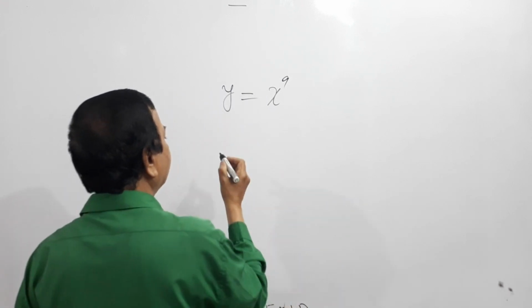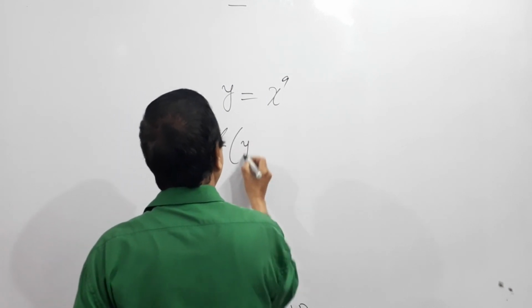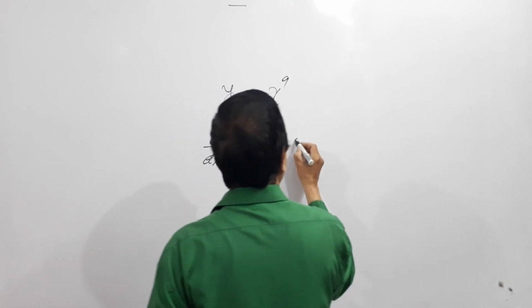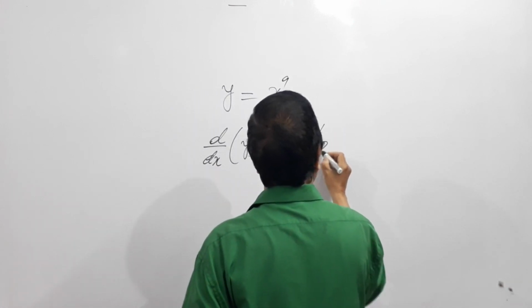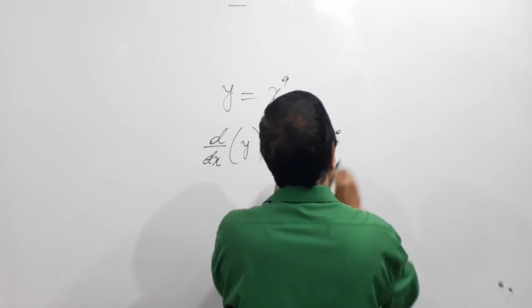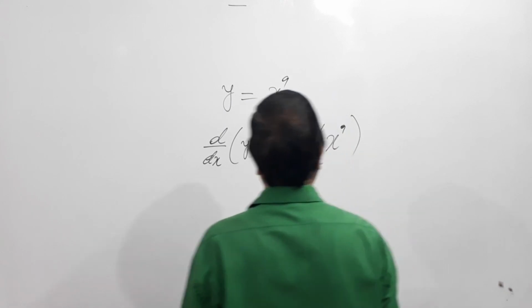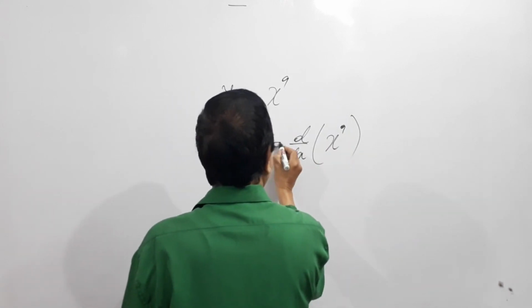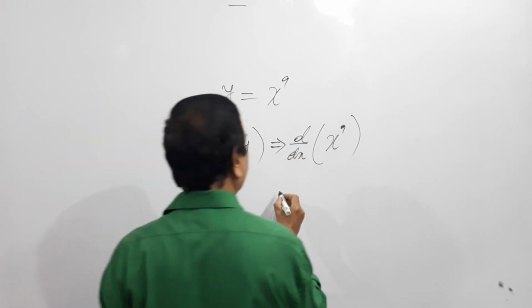If you differentiate this once, that is d by dx of y, it is d by dx of x to the power of 9.